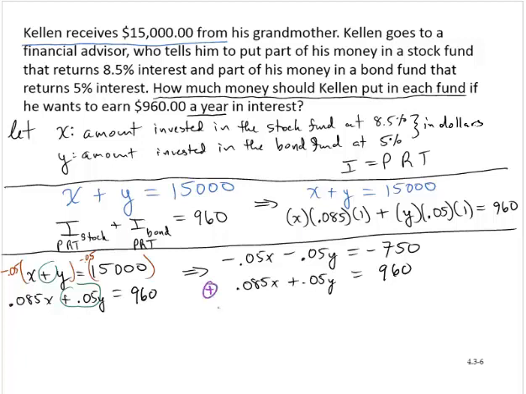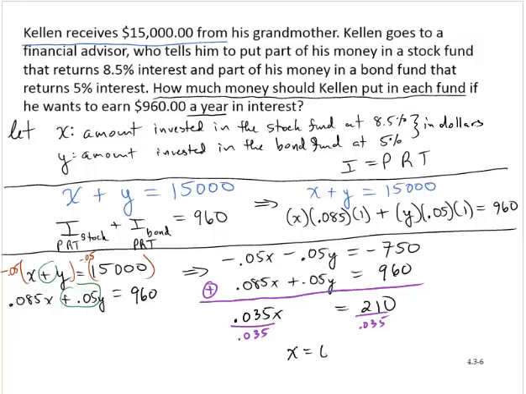So then that would give me an elimination on y. So let's go through that elimination by adding the equations together. Negative 0.05 plus 0.085 is 0.035x. We have an elimination on y, and 960 and negative 750 combine to 210. Dividing through by 0.035, so 210 divided by 0.035 is 6,000.